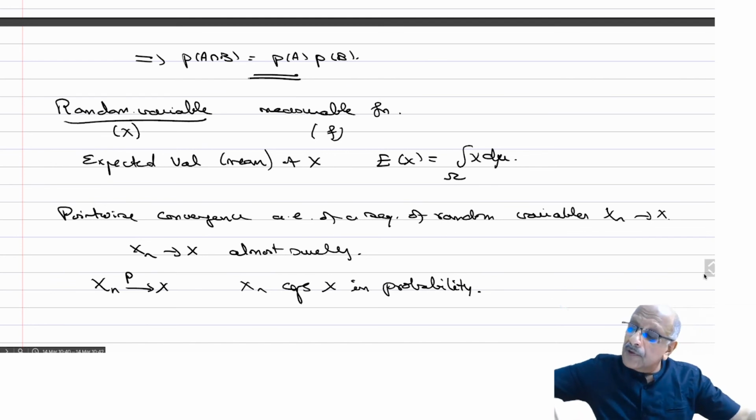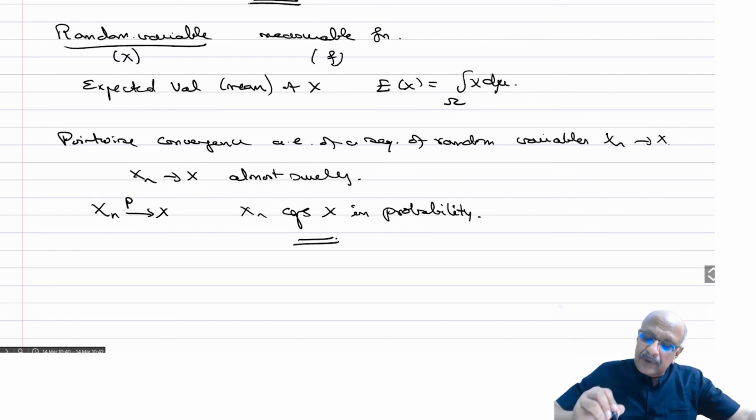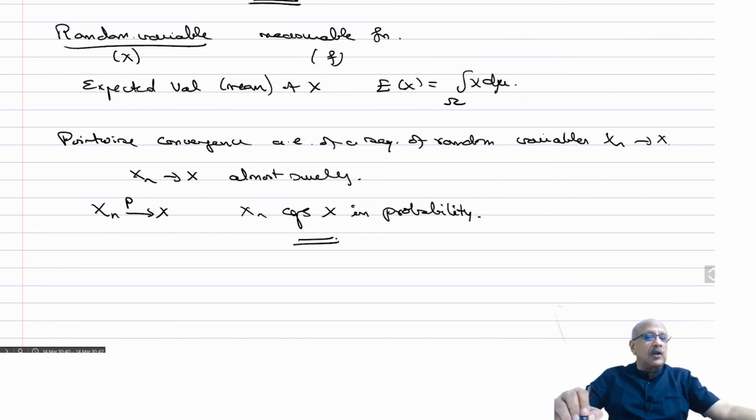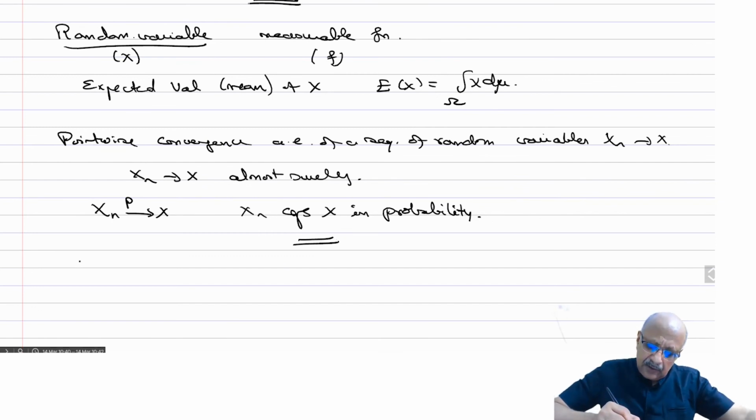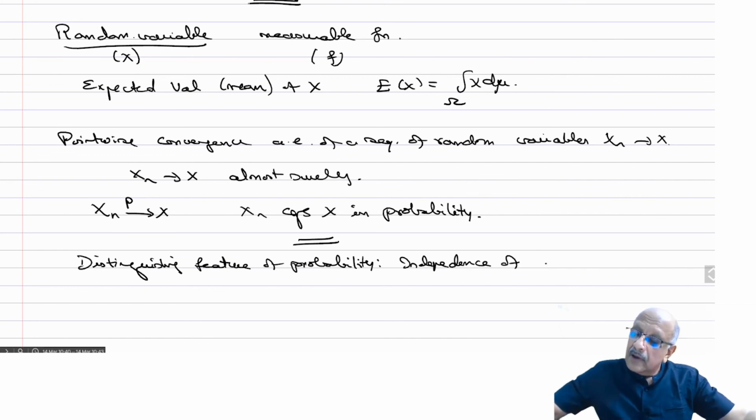So is probability really just measure theory? No, because there is something in probability which does not come up in the study of measure theory, namely the distinguishing feature of probability: independence of random variables.